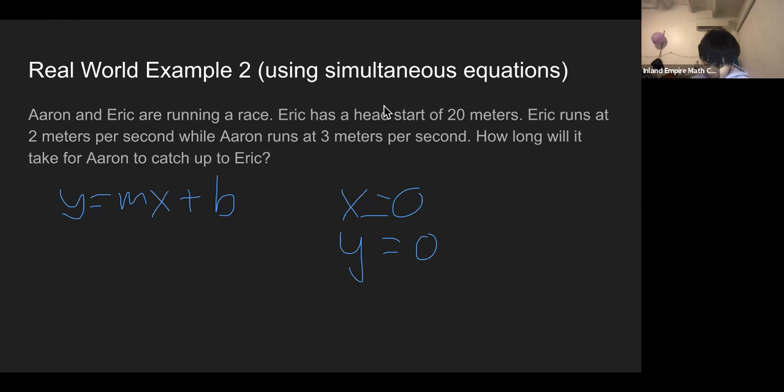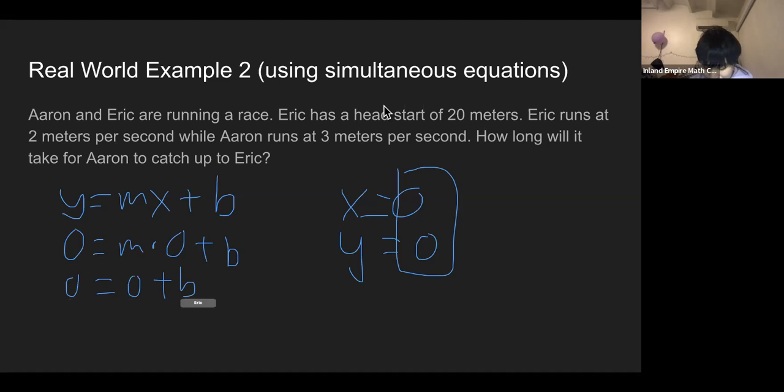If this is true, then we can plug this into the formula to figure out what b is and what m is. So if y equals 0, then 0 equals m times 0 plus b. M times 0 is also 0, so 0 equals 0 plus b.